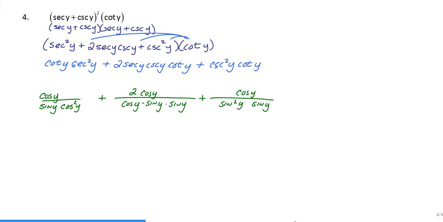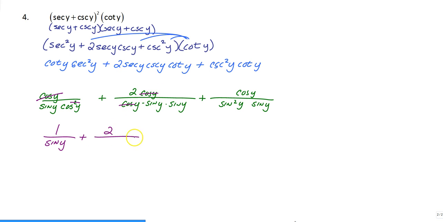Okay? So our next step is just to help make things a little bit prettier. So we have cosine y over cosine squared y. We could take 1 off the top and 1 off the bottom. So this gets rewritten as 1 over sine y plus. We have a cosine y on top and a cosine y on the bottom.